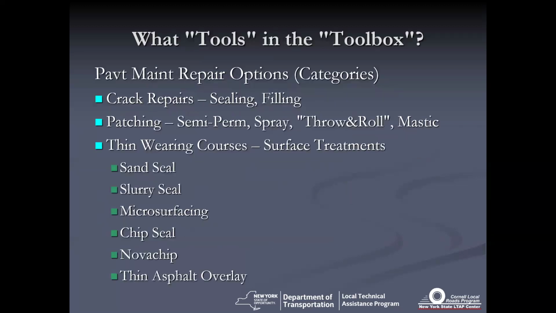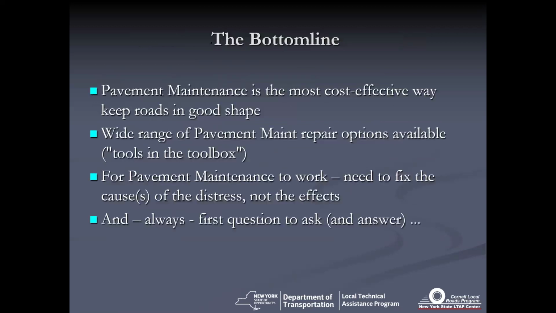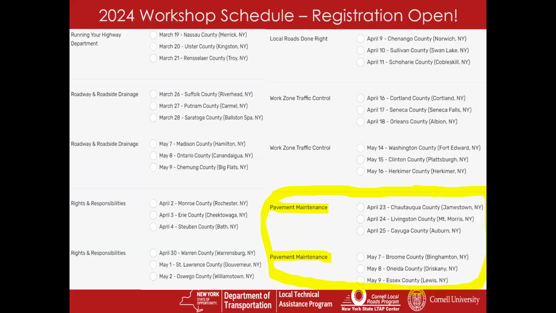We've got a bunch of tools in the toolkit we've talked about: our crack repairs, our patching, and our thin wearing courses. We've got a standardized process that we can apply to pick the correct treatment. And the first thing that we've always got to do when we start picking our treatment is ask the question, how's the drainage?